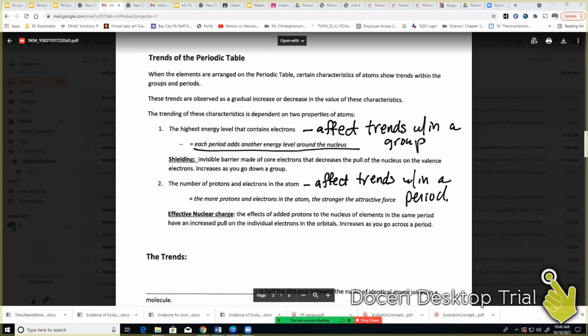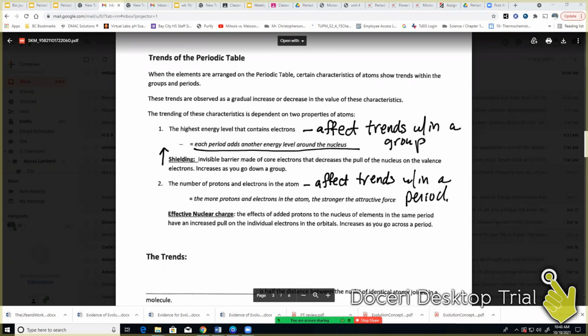As energy levels are added to the nucleus, then you see an increase in shielding. And shielding is caused by the core electrons. So the valence electrons, the very outside electrons, become the most important ones. Those are either lost or gained whenever bonds are formed or shared.